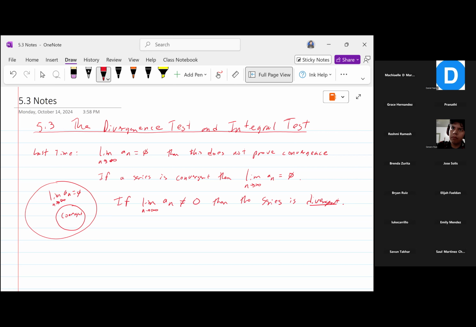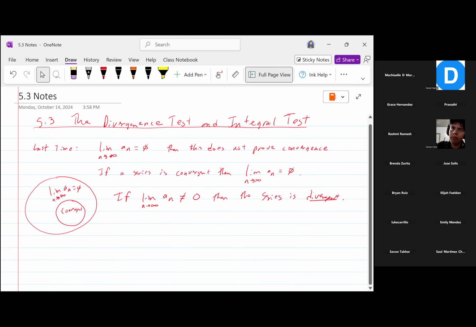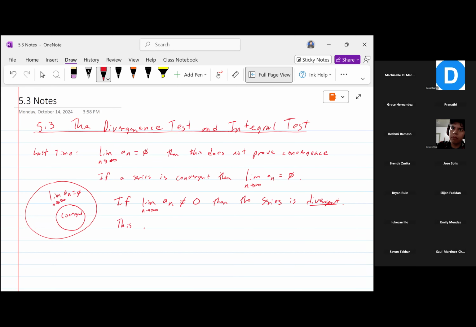I can't have a convergent series where this does not go to 0. If it doesn't go to 0, then the series is divergent. This is a test for divergence only.